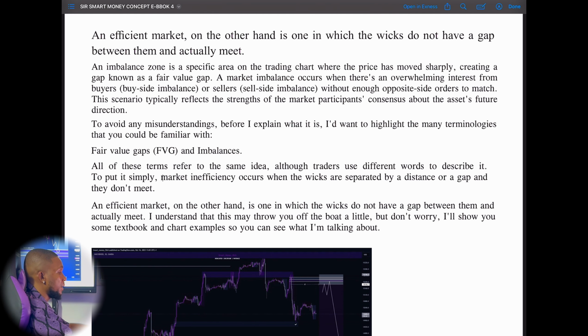To put it simply, market inefficiency occurs when the wicks are separated by a distance or a gap and they don't meet. An efficient market, on the other hand, is one in which the wicks do not have a gap between them and actually meet.